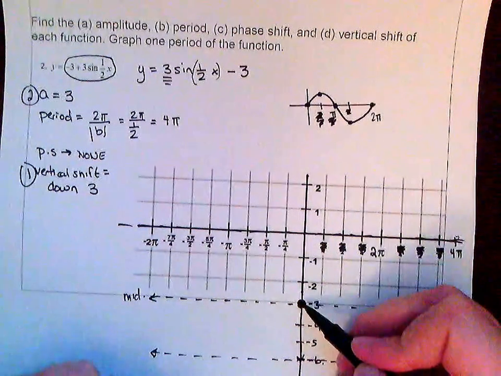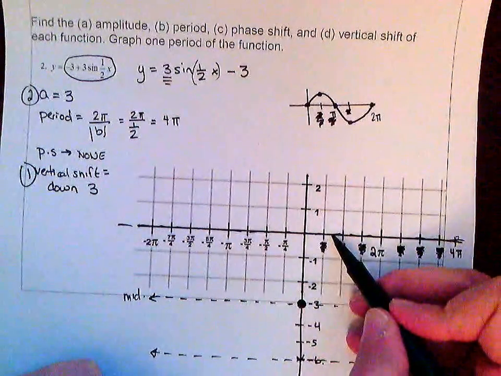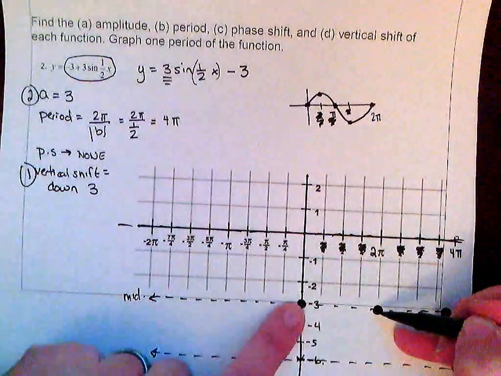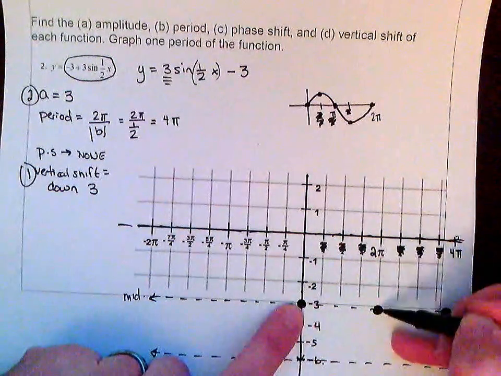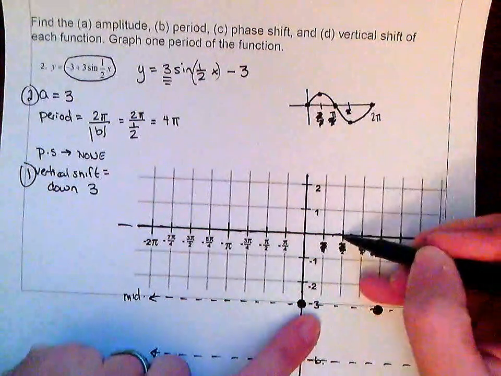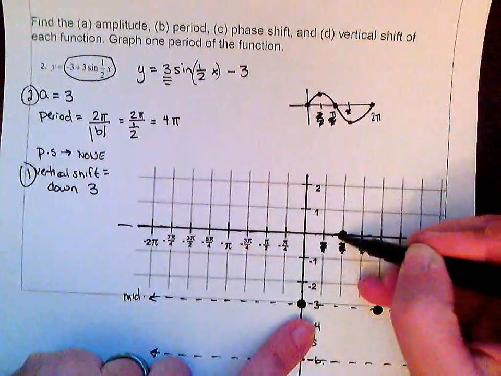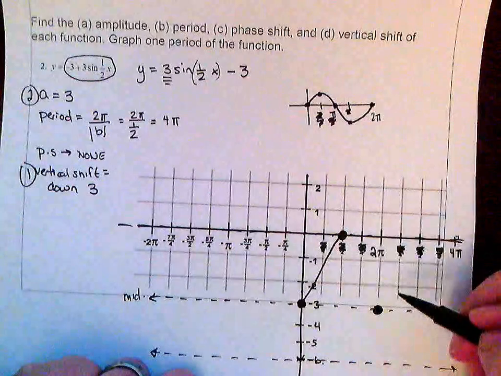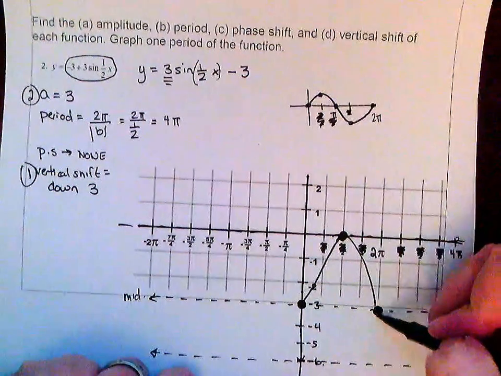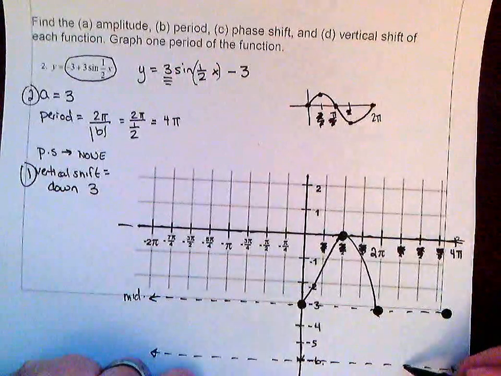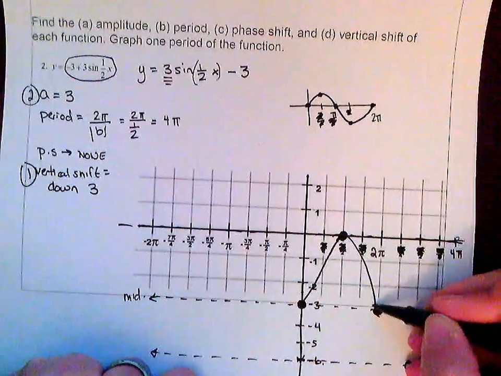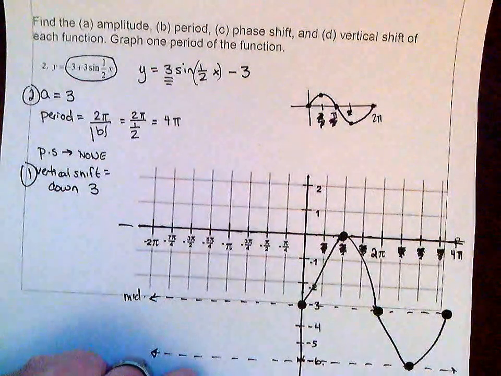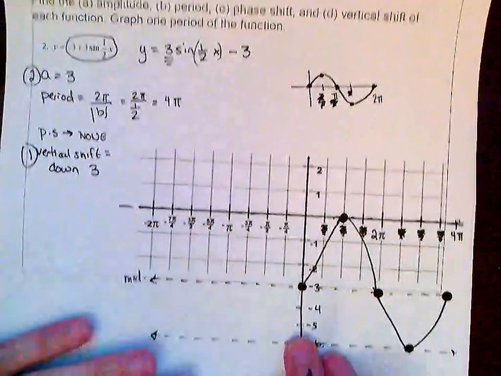Okay? And because I know my graph is going all the way up to this line because of the amplitude, halfway through between 0 and 2 pi, so pi is like right around here, and then you connect that, you go back down, and then we know that this guy is going to come all the way down here at 3 pi, and then it's going to come back up. And that's it. That's basically my graph.